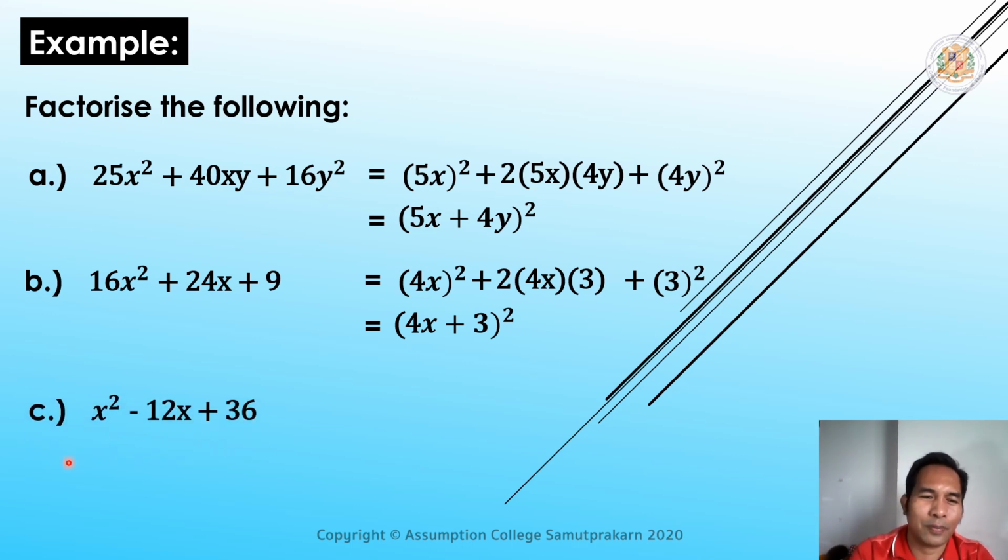Okay, number 3. x squared. What is the square root of x squared? x. So we do have x squared. Next. Remember the formula? a squared. But check this one.